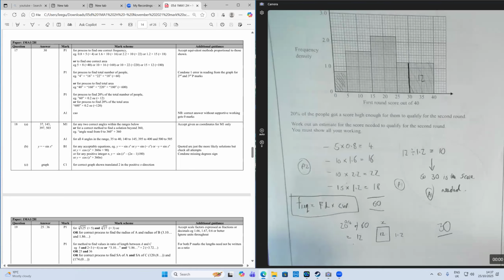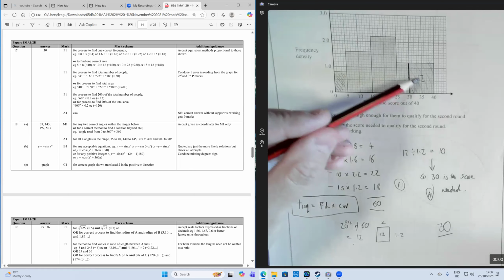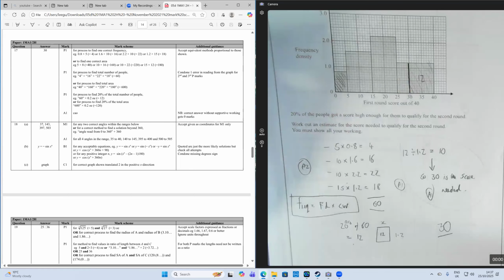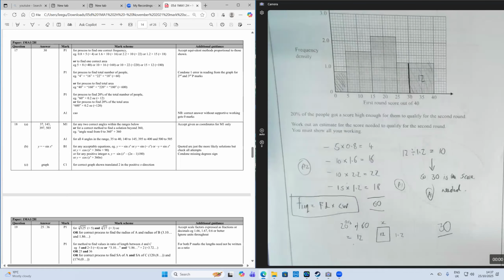So now it says that only 20% of these people qualified through to the next round. So what is 20% of 60? Well, 20% of 60 is 12. Okay, so we need to have an area that corresponds to a frequency of 12 people. Now let's think about how we're going to do that then.